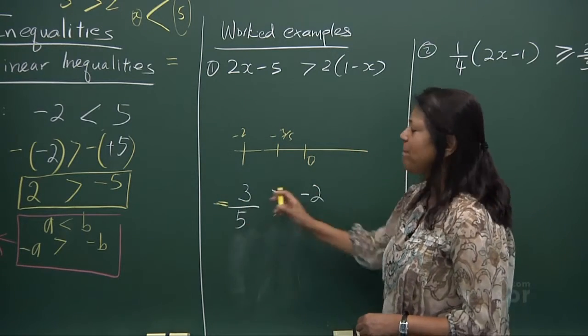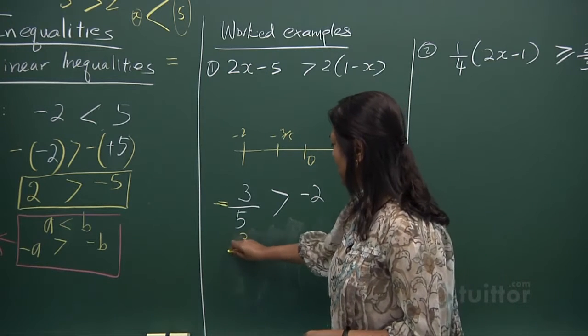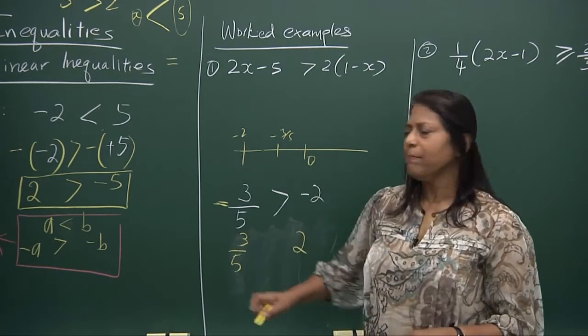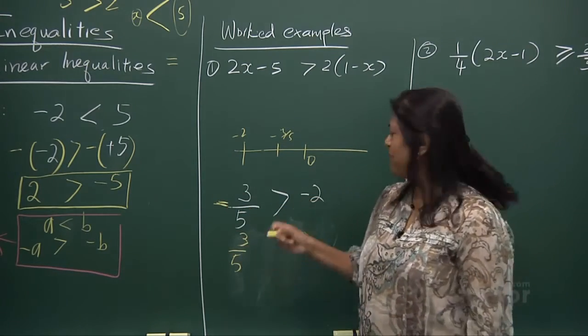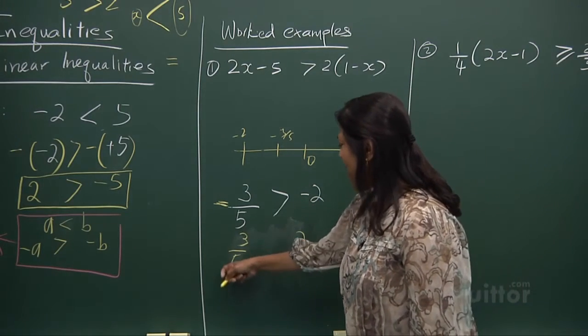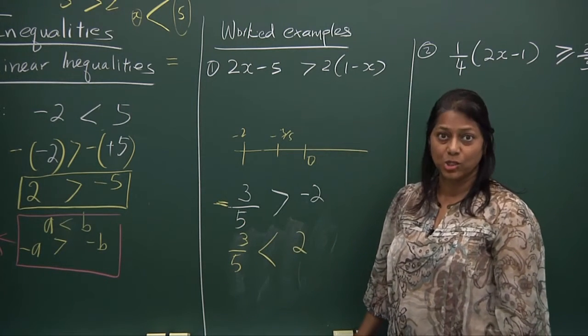I multiply both sides with a minus. So this becomes a 3/5 and this becomes a 2. Minus times minus is a plus. Again here, times a minus becomes a plus. Now 3/5 is smaller than 2.